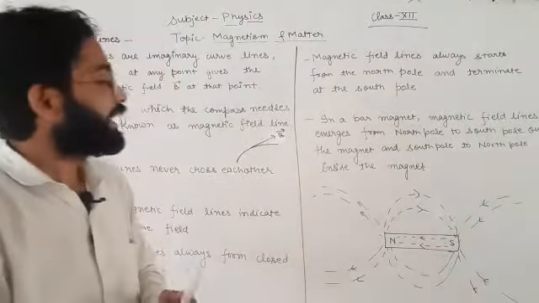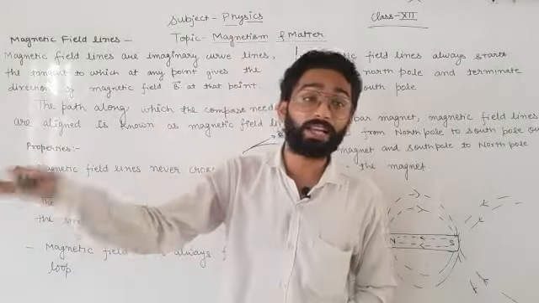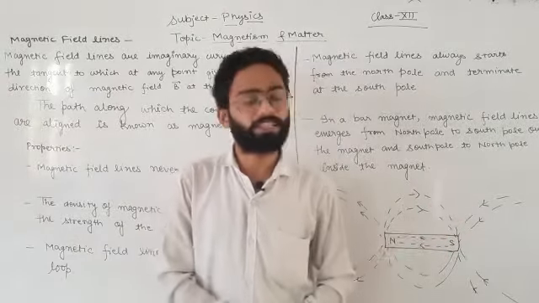What is that property? In a bar magnet, magnetic field lines emerge from the north pole to the south pole outside the magnet and from the south pole to the north pole inside the magnet.